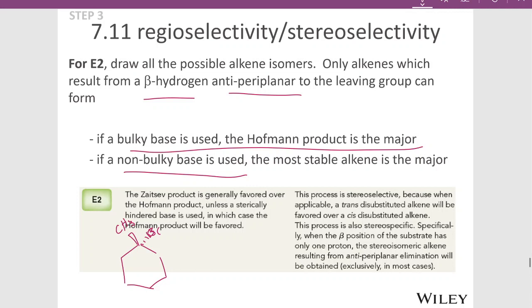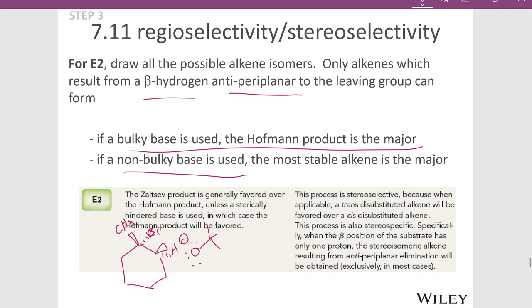Let's put a methyl group coming out over here as well, and a hydrogen going back. Okay, so let's say we had a base, let's say we had t-butoxide. If we use t-butoxide, then what are we going to do?